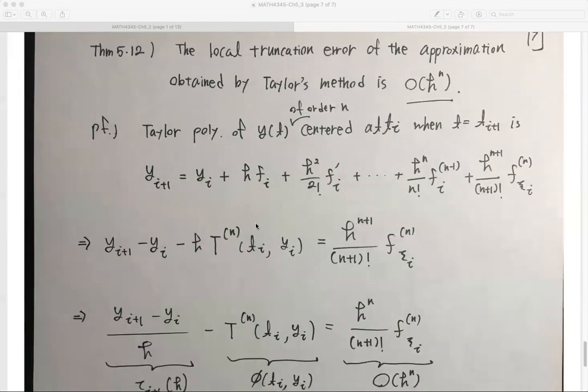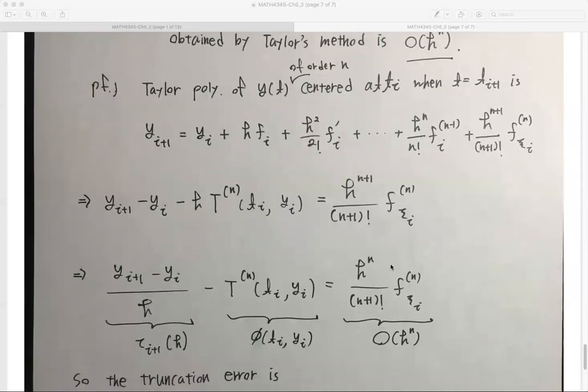Why? We start from the Taylor polynomial of y(t) of order n, which is this, right? Now you see we got f prime through the nth derivative of f, because originally it was y prime, y double prime, through the (n+1)th derivative of y. But we express every y term and its derivatives in terms of f and its derivatives.